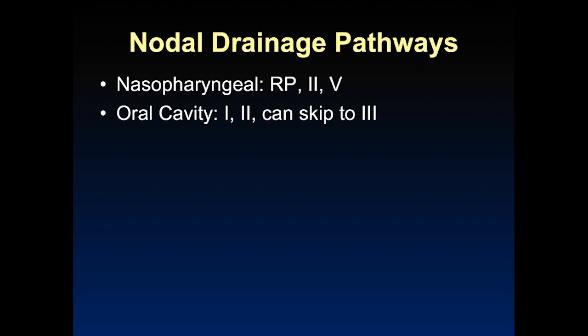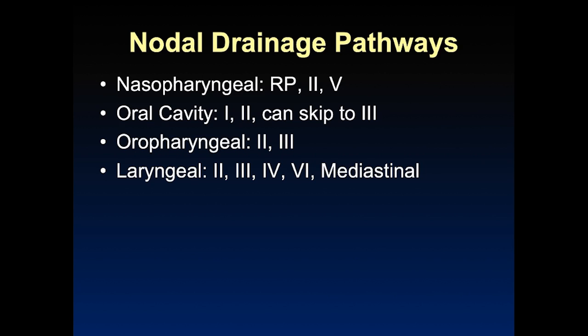It's important to note that sometimes you can skip level 2 and go directly to level 3 lymph nodes from the oral cavity, so it's important to pay attention to that. Oropharyngeal primaries tend to follow the drainage pathway going from level 2 down to level 3 and potentially more inferiorly.